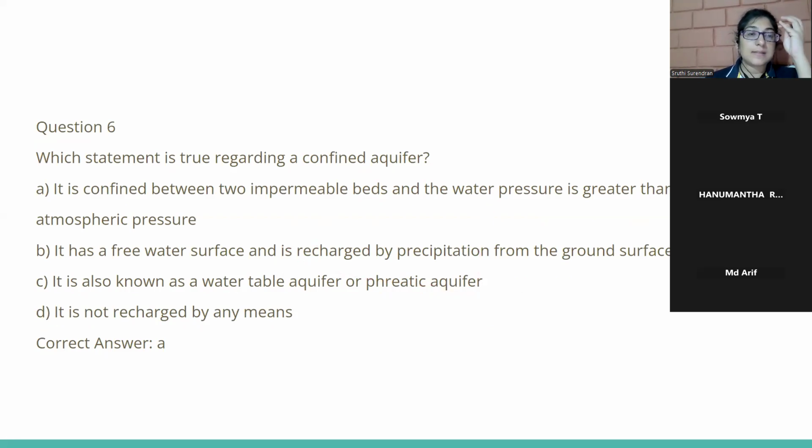Which aquifer has the pressure of the water equal to the atmospheric pressure? You can put your answers in the chat box. Which aquifer has the water surface at atmospheric pressure?